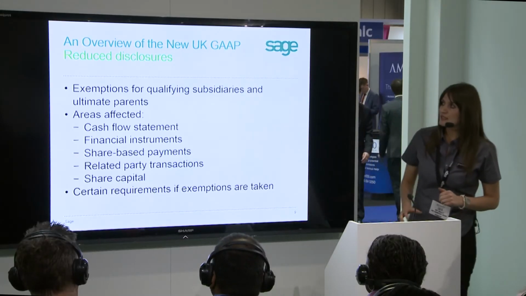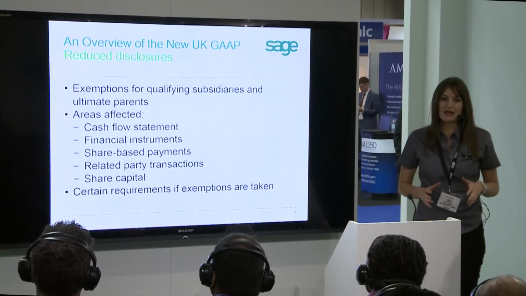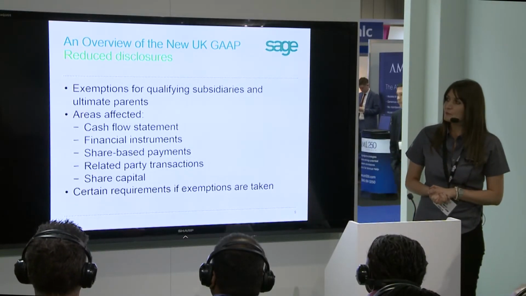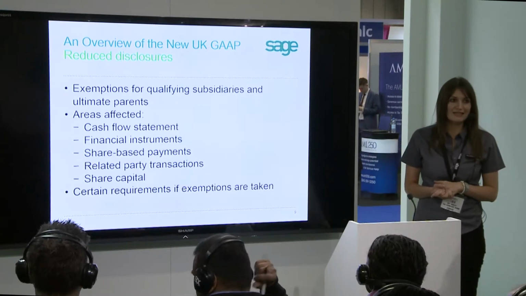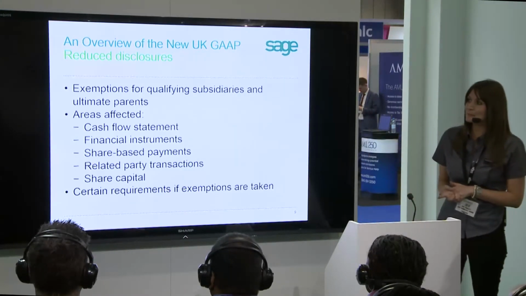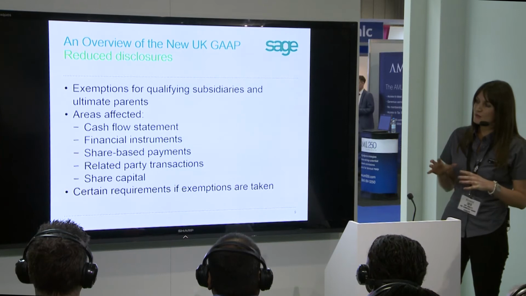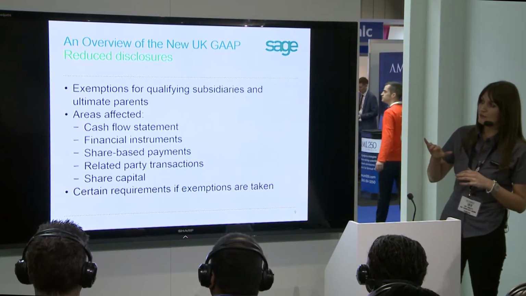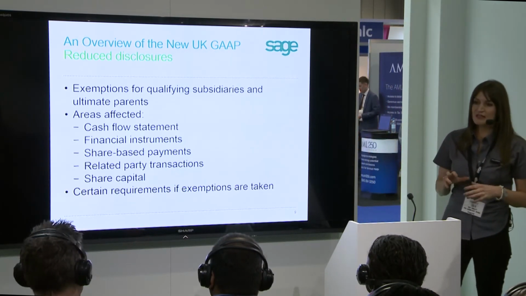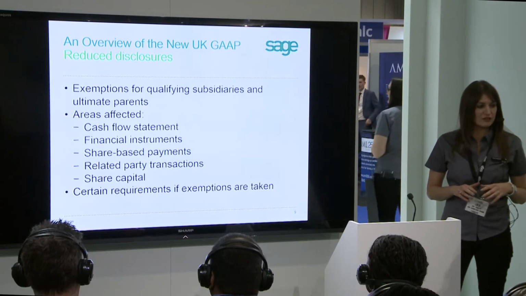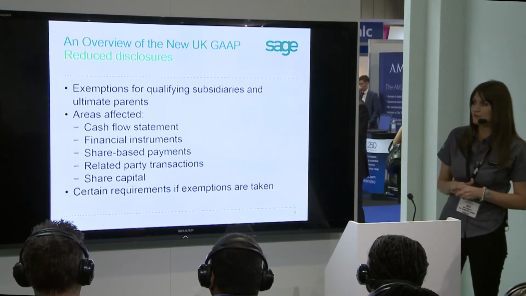Now, there are reduced disclosures available within FRS 102 for qualifying subsidiaries and ultimate parent companies. And I've pulled out all the areas affected, but the main ones really are around cash flow and financial instruments. The other ones are relatively minor, really.